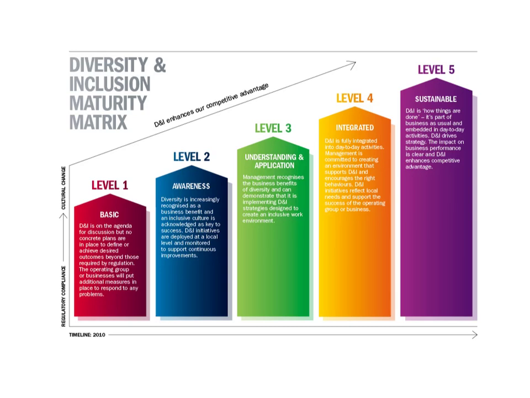So diversity and inclusion at a basic level is on the agenda, but there's no concrete plans. It's often just lip service. As you move up the levels, awareness of diversity at level 2 is recognised as something that is of benefit to a school setting. And a school might deploy initiatives, to use the language of the diagram, at the local level.